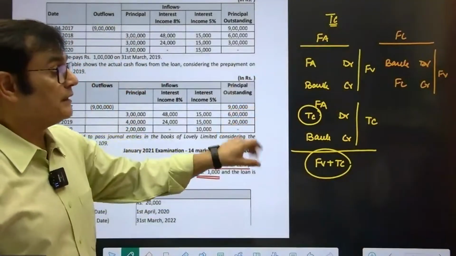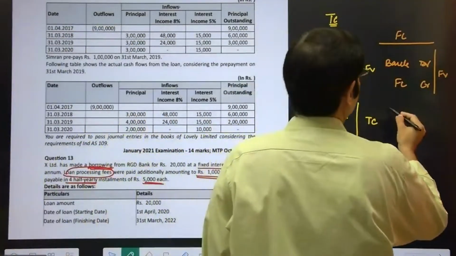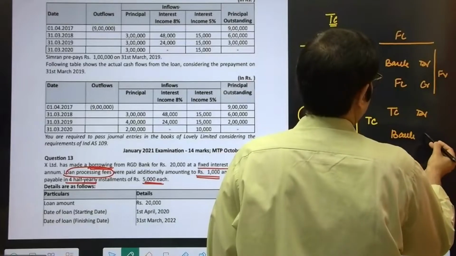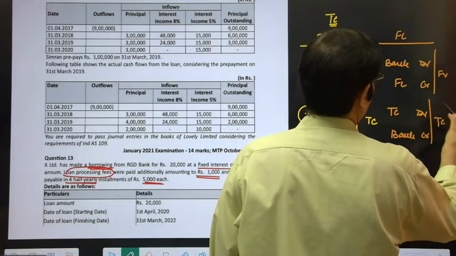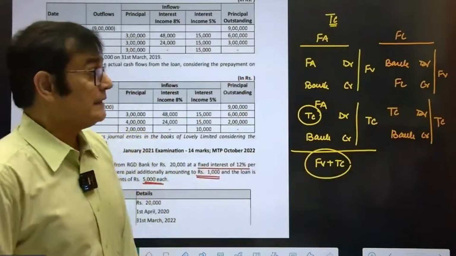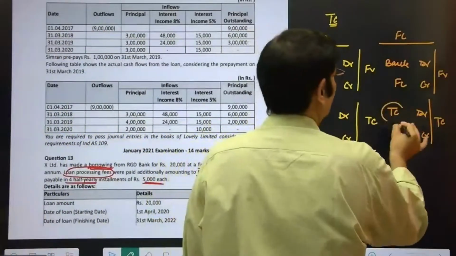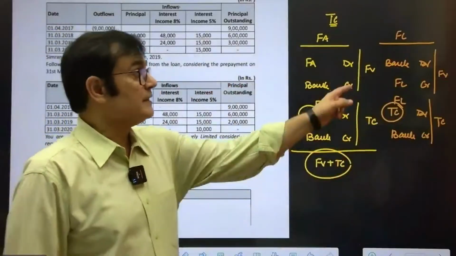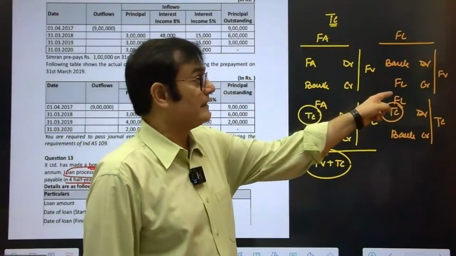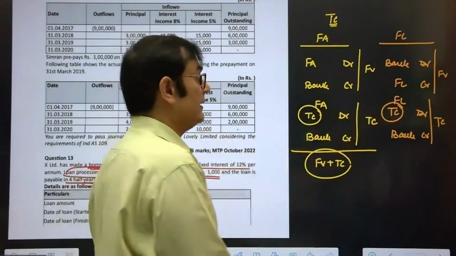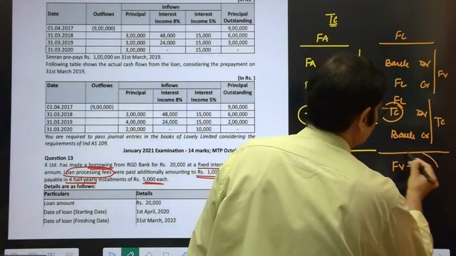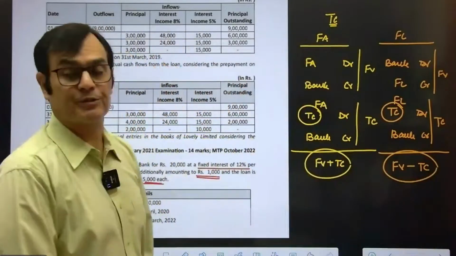And when you incur a transaction cost, the entry is transaction cost gets a debit and the bank gets a credit. So instead of debiting the transaction cost, we are debiting the financial liability. So you can see the financial liability got a credit and then a debit. So the net impact is that the financial liability is recorded at fair value minus the transaction cost.